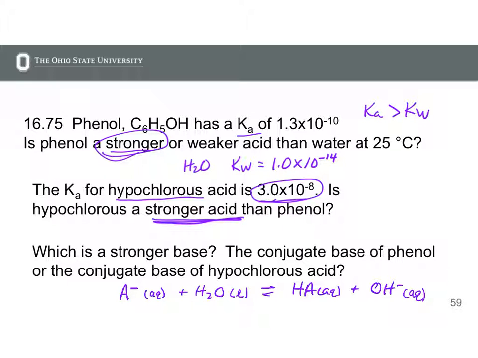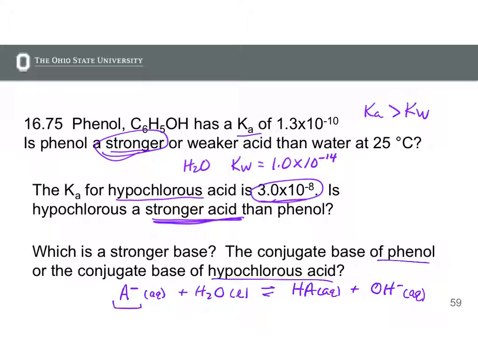So we want to know which of these conjugates, the conjugate base of phenol or the conjugate base of hypochlorous acid, is going to produce the most products in this equilibrium.